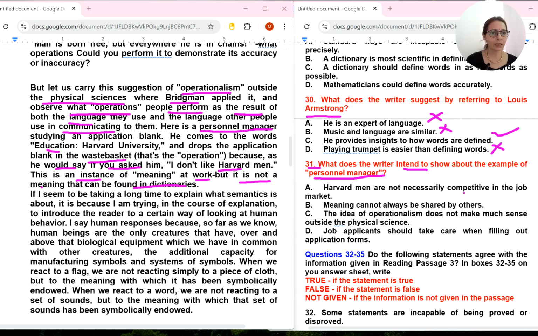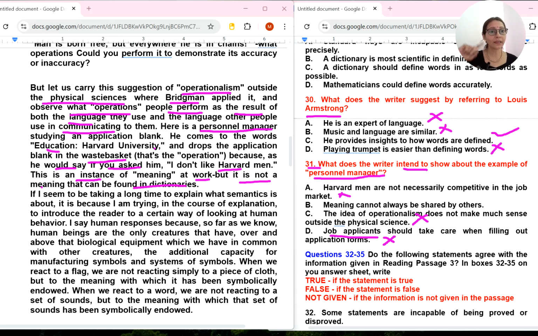Harvard men are not necessarily competitive in the job: this is also not explained, it is a false sentence. Meaning cannot always be shared by others. The idea of operationalism does not make sense outside the physical sciences: physical science is also not explained. Job applicants should take care when filling out the job application: this is also not given directly.